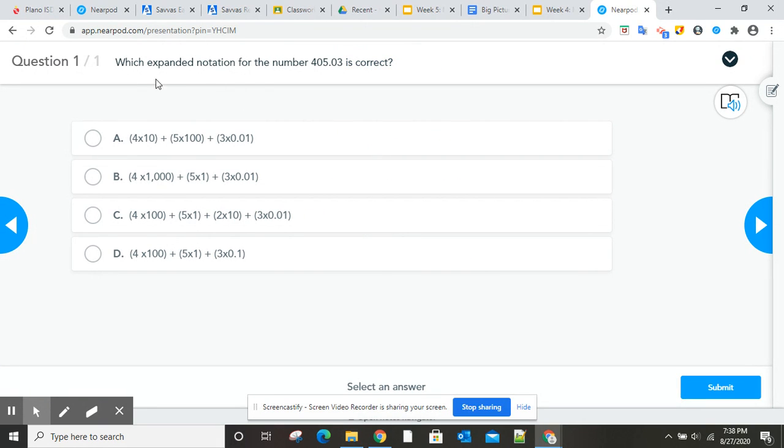Now you'll notice on the quiz, you can have it read aloud to you. Which expanded notation for the numeral 405 and 3/100ths is correct?